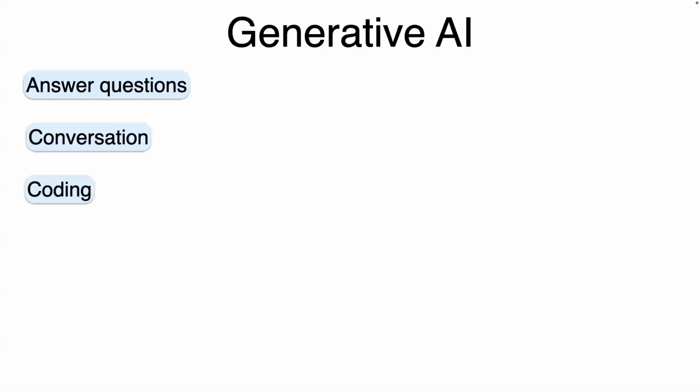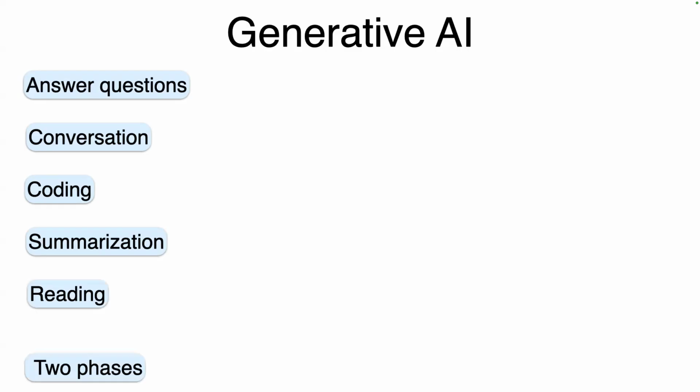It's used for many applications: to answer questions, create conversations, create programs, summarize things, help with reading things, and so on. And basically, it consists of two phases. The first one is pre-training, and then fine-tuning, and I'm going to quickly describe that now.